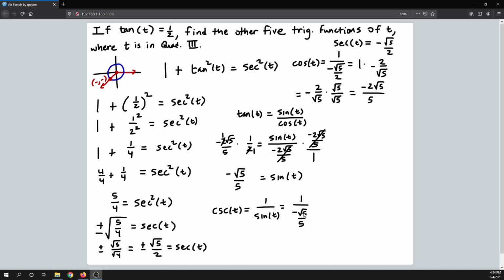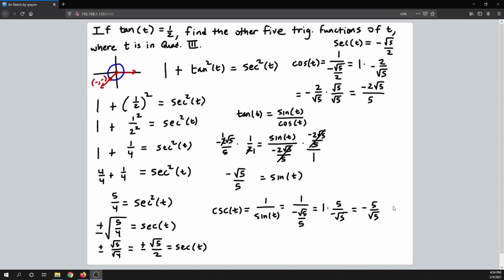Okay, and so now I have 1 divided by negative square root 5 over 5. That is equal to 1 times 5 over negative square root 5. Right, dividing by a fraction is the same as multiplying by its reciprocal. And so I get minus 5 square roots of 5, like so.